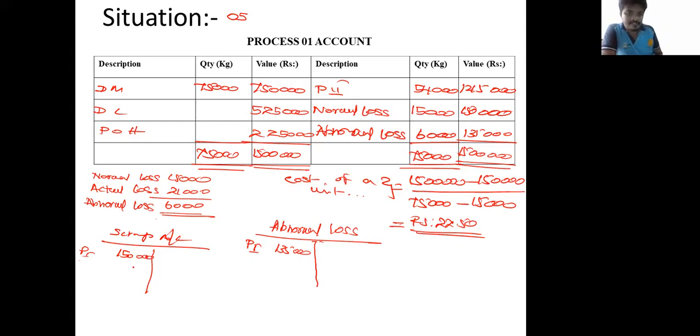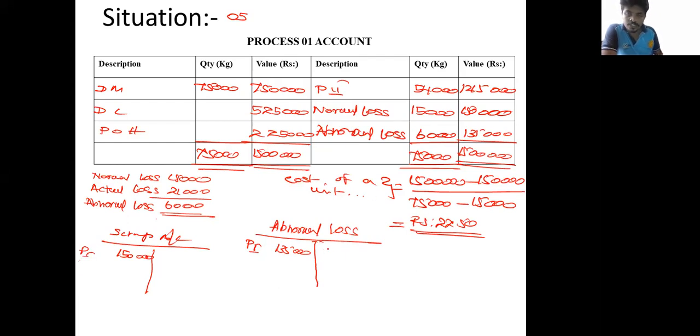Why? We have recorded only 15,000 wastage, but we are having another 6,000 that we can sell. It is currently in the abnormal loss account. So that one we can transfer to the scrap account. 6,000 into 10, we can sell these 6,000 at 10 each.